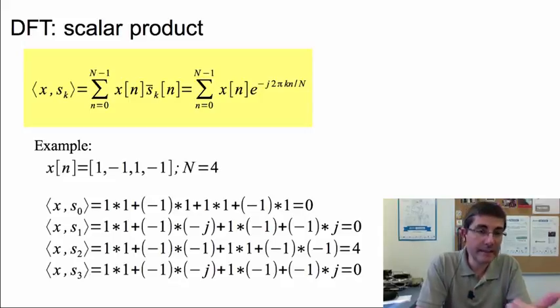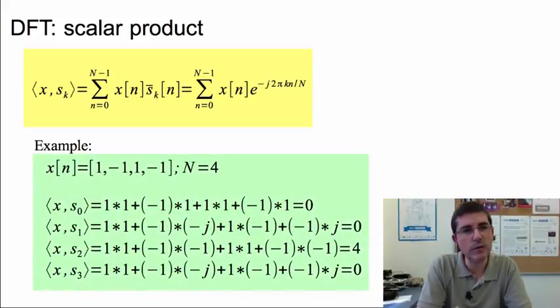And if we take an example, again size n equal 4, and a signal being these 4 samples, 1 minus 1, 1 minus 1, and we do the scalar product of this signal by every one of the 4 sine waves that we had computed in the previous slides, we will compute the DFT result.